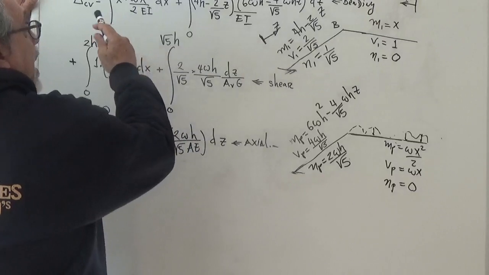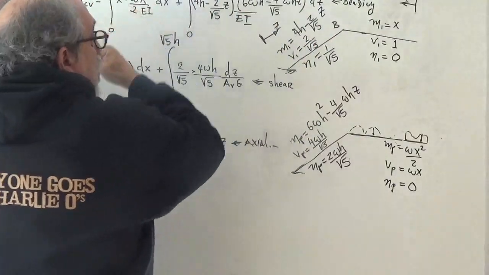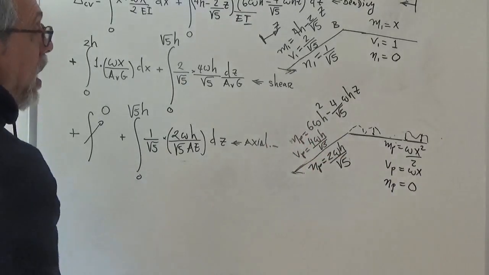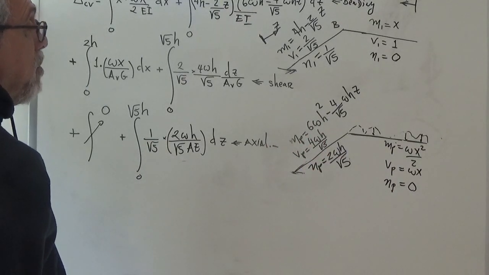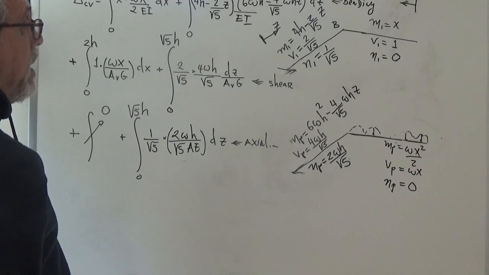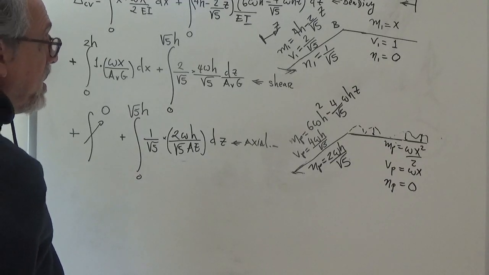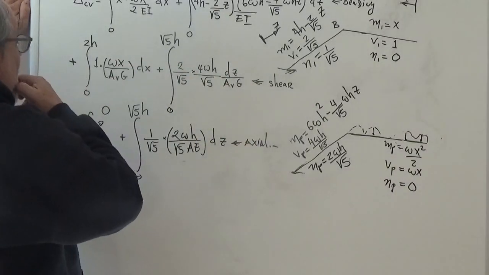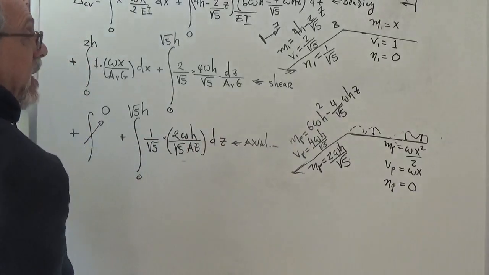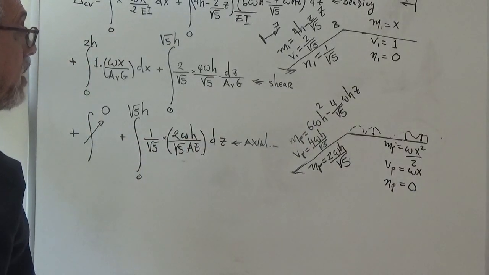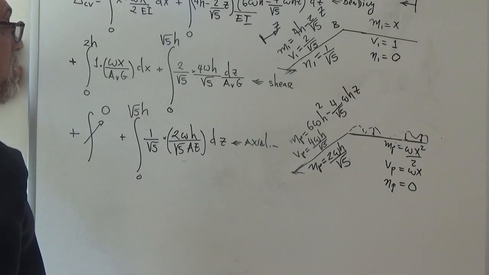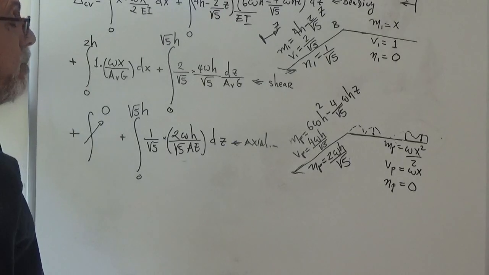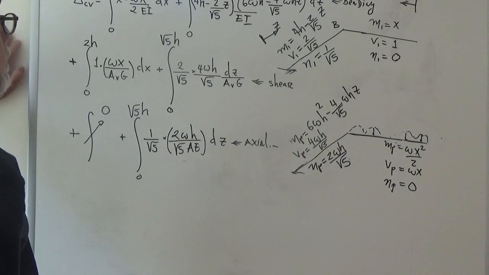So overwhelmingly, the contribution to the deformation on structures of this shape, which are long and bend a lot, comes from the bending strains. And in practice, most of the time we don't bother including the contribution for shear or axial. But as I said, it's necessary to know how to calculate them because there are instances in which it's absolutely necessary to include them for reasons that will become apparent later on in the class.